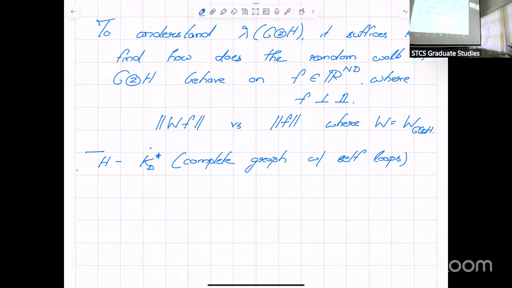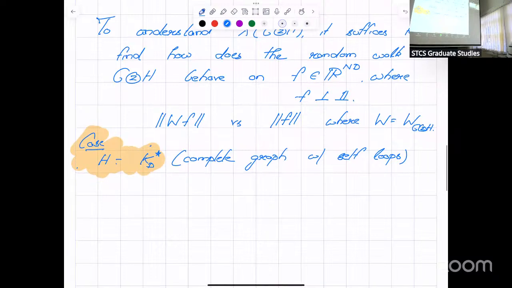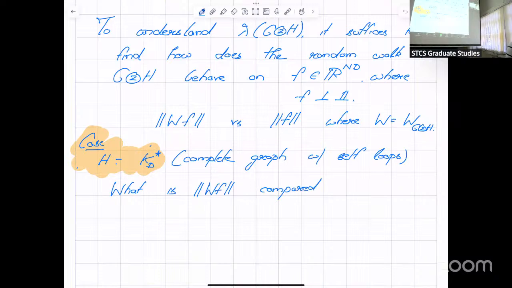Let's take this special case for now to begin with, and ask in this case what is WF compared to F. This is what we want to ask.